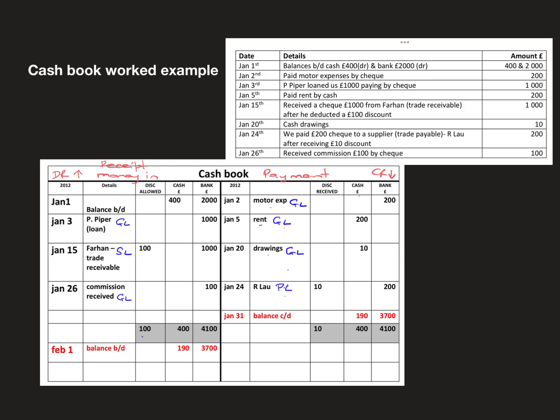So 400 from 4,100 leaves us with a balance of 3,700. You put the balance on the side with the smaller total. So when I add the smaller total, which was 400, plus the balance of 3,700, it will make both sides equal. So now both sides are saying the same.